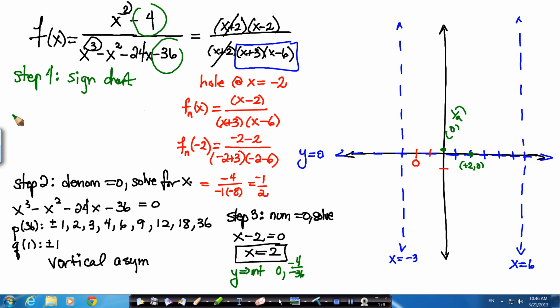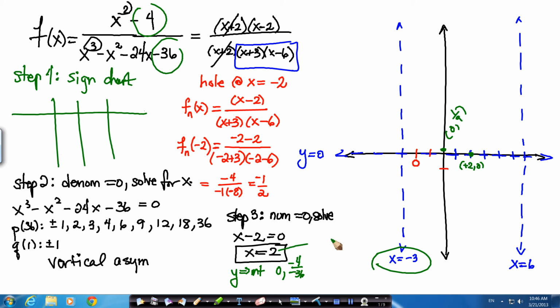This is where you collect all of the information you have gleaned from steps 2 and 3. So we know there are three x's that we're interested in: x equals -3, x equals 2, and x equals 6.